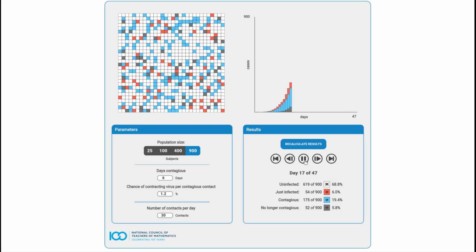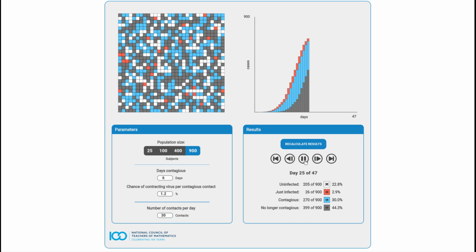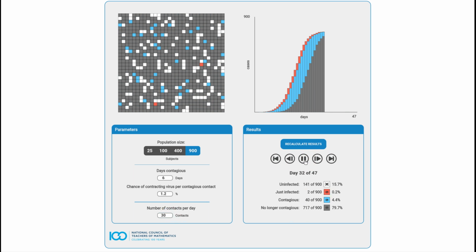This could be a cruise ship of 900 people. Yeah, because too many people are talking to each other. There you go. The downside of being a social butterfly. Right there. 85% of the people had the flu.